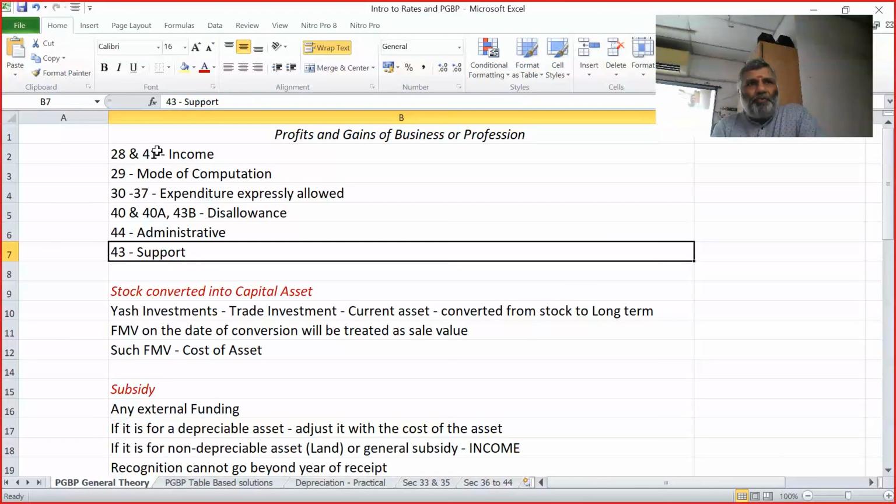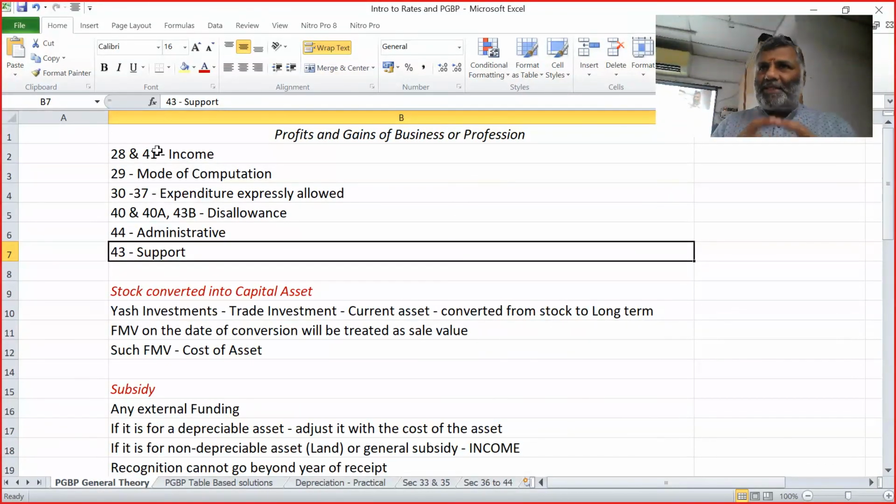If it is used as an asset, capital gain. If it is stock in trade, 43CA. And for the receiver, gift provision. So everything we will cover there. These are all the covered areas of PGBP, along with all the relevant case laws for your examination.